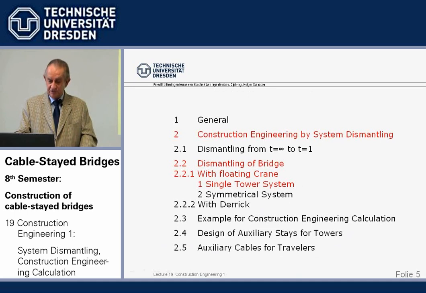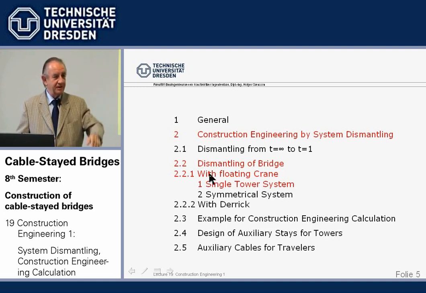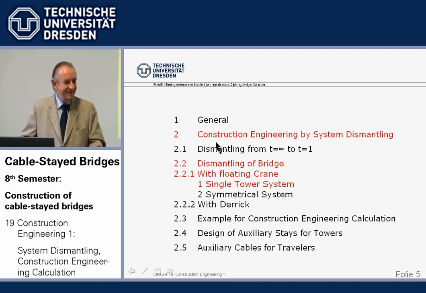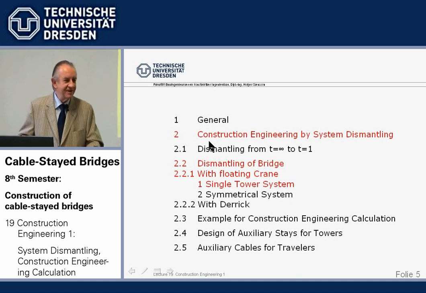And we do it first the simplest way there is, naturally. We do it with a floating crane, which means there's some air hook to which we can hang the system, and it doesn't load our beam first of all, but rest assured we will then come to the derrick.